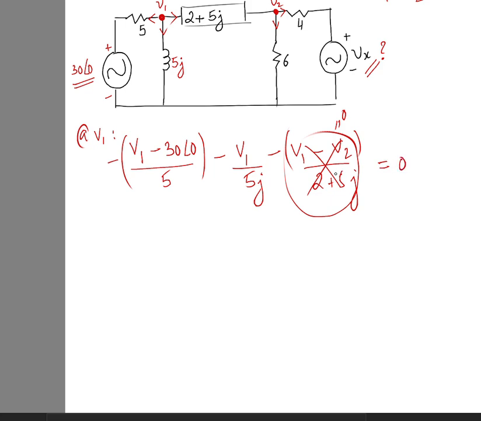Now we can first try simplifying this. This will be 0.2 V1. This is going to be 6. You can ignore the phase of 0. If it was any other value, we would have considered it, but since it's phase of 0, we can entirely ignore it for the moment. Now, for this section, we can convert it.